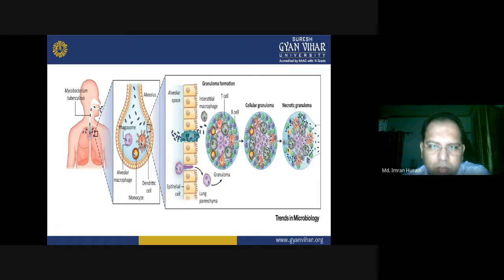Now, granuloma formation takes place, as T cells and B cells are constantly fighting the infection. Cellular granuloma forms, and necrotic granuloma forms as a result of the bacteria.